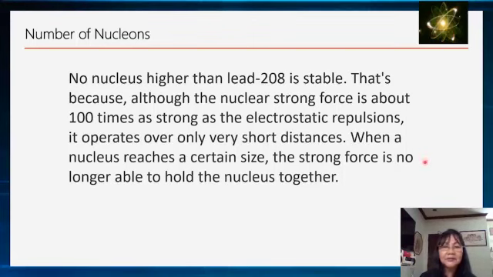When a nucleus reaches a certain size, the strong force is no longer able to hold the nucleus together. So the more particles that are present inside the nucleus, the more it is difficult for the nucleus to handle or to hold them together. And then the instability starts.